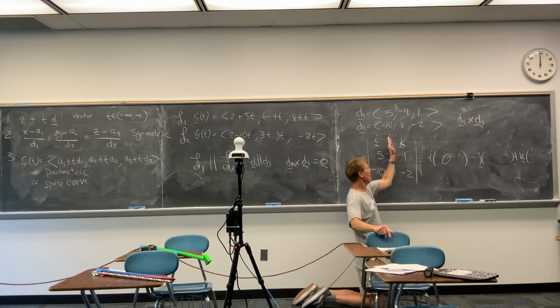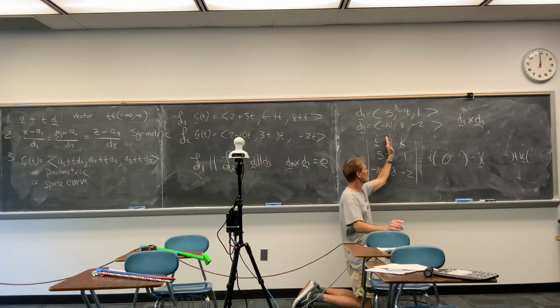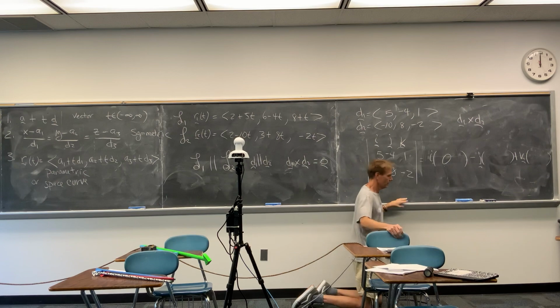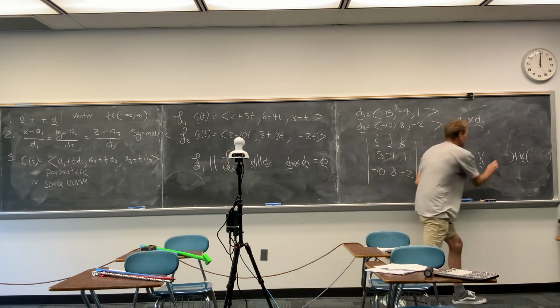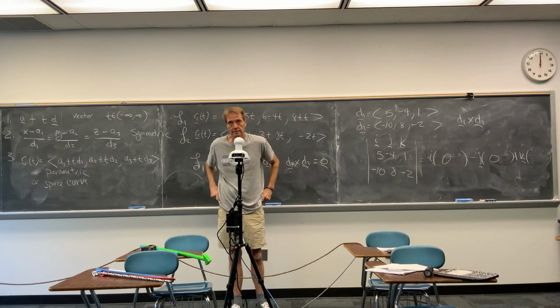I do my j. I already have my minus there. I do 5 times -2, which is -10, minus -10 times 1, which is -10. And -10 minus -10 is 0. And you're like, crap, if that wasn't 0, I would be done.